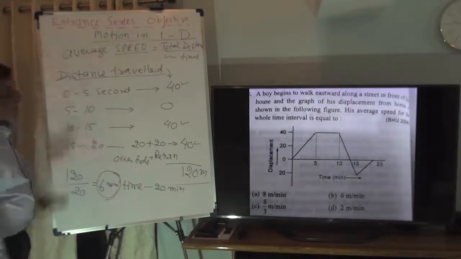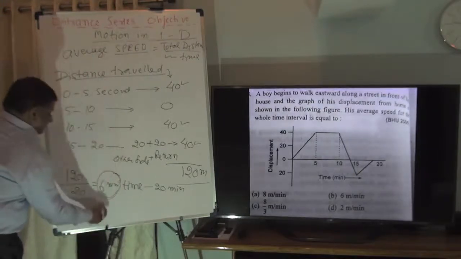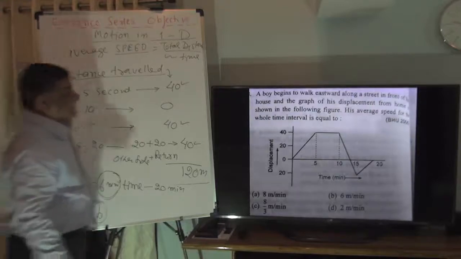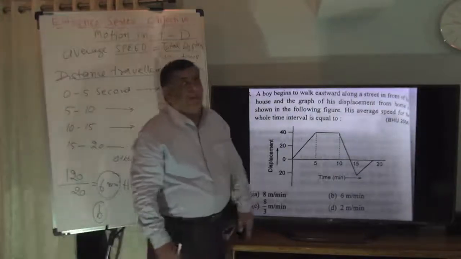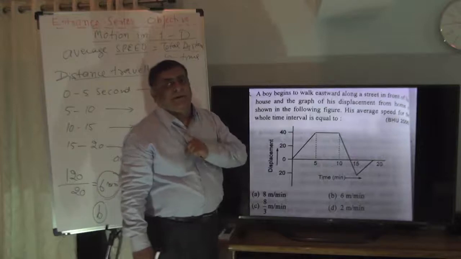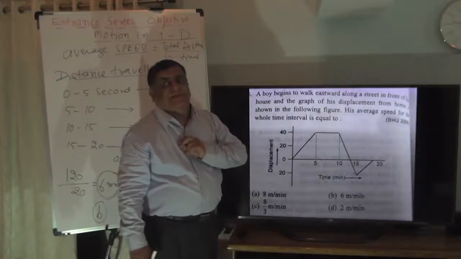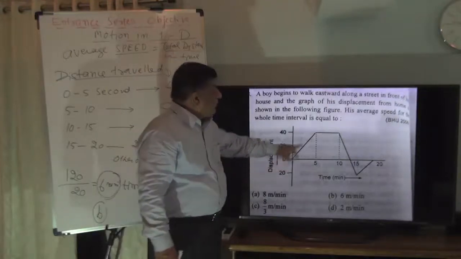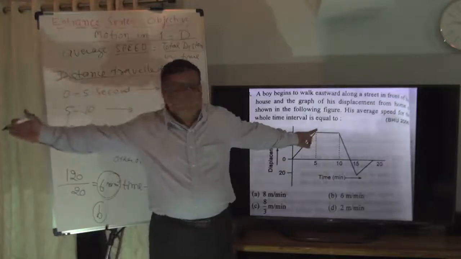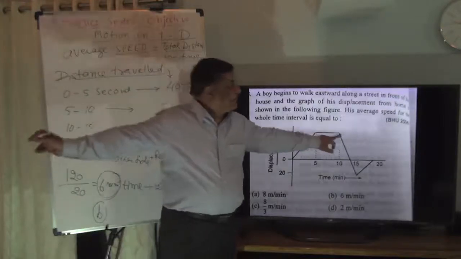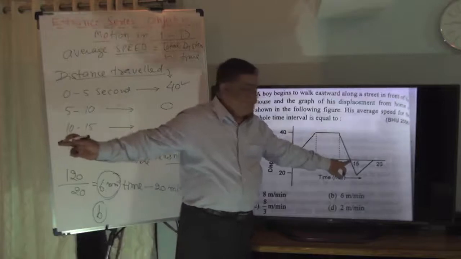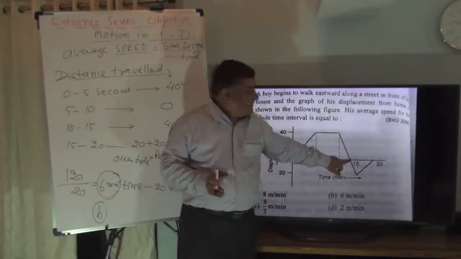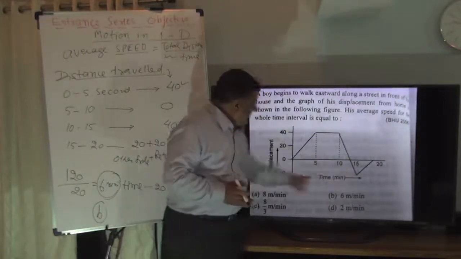So this is 6 meters per minute. So our right option is B. Okay, see it again. We will calculate the distance travelled in our time. He has gone to 40, stayed there for some time, come back to 0. Then gone to the negative side, 20.